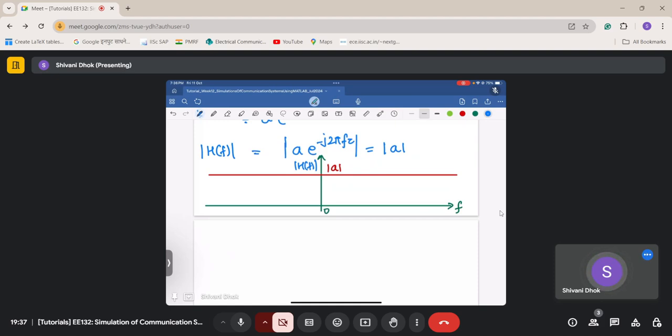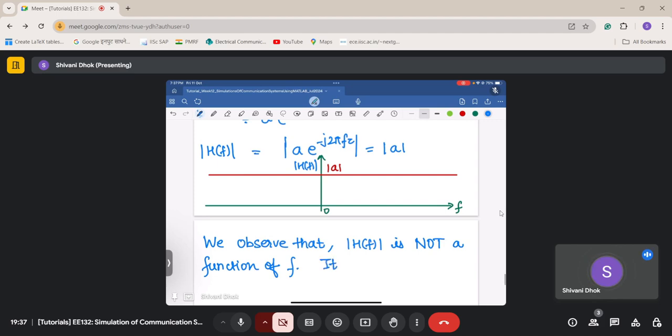So we observe from the figure that the magnitude of h of f is not a function of f, it is constant for all f.